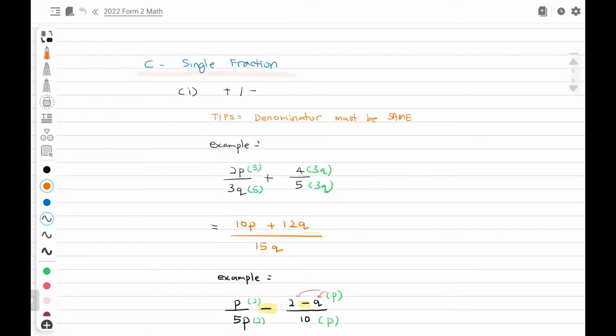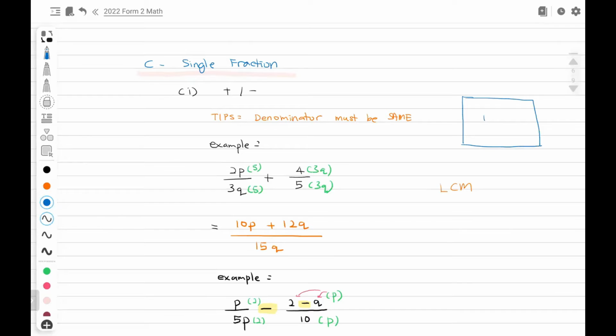Then you can use lowest common multiple, LCM. Then you can join it. For addition and subtraction, make sure the denominator must be the same. Okay, if you want to write down, insert a little bit more notes there at the side, you can put a box. Okay, if you want to add in extra notes.